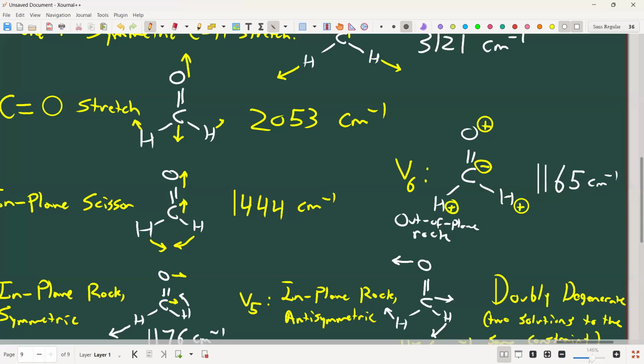Those products in the gas phase tend to be excited when they're initially formed in the CO stretch. And so often when these simple reactions form these simple molecules, you'll see that the energy from the reaction gets localized at a certain mode that corresponds to the motion occurring in the reaction. So if the oxygen is being added, very interesting, you'll see in these formaldehyde studies that the CO stretch of the formaldehyde products tend to be more excited than the other ones.